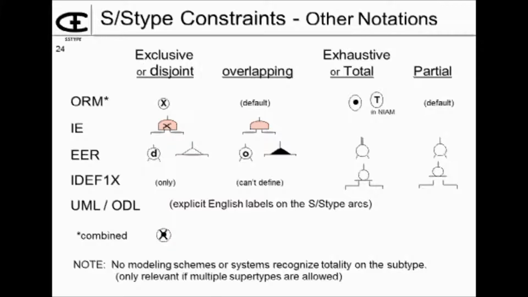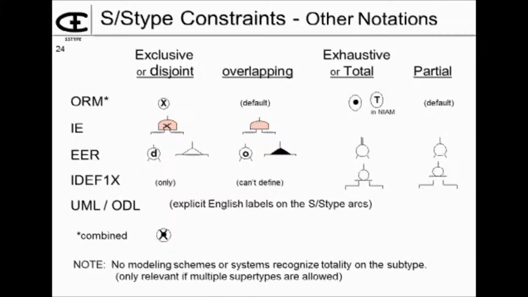Notice in IDEF1X, you can only define disjoint subtypes, and so you have to go through that kind of transformation that we talked about. And then for total and partial, if it's partial, then you have the little circle separated a little bit from the subtypes. In UML, or object definition language, there is no symbolism that they use.